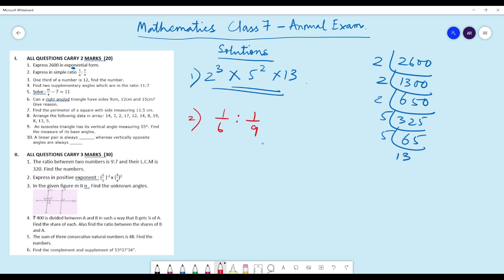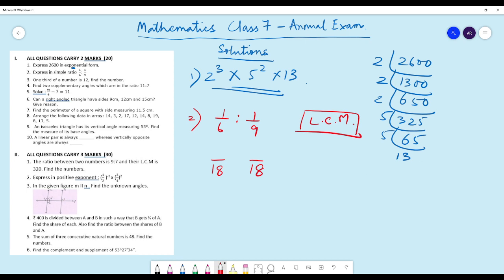So the common denominator for 6 and 9 is their LCM. So we find the LCM. Now this LCM concept is very important in mathematics whenever you are doing fractions. So please remember to do LCM properly, and it is very important for all of you to know when and where to use LCM. So 6 and 9, their LCM is 18.